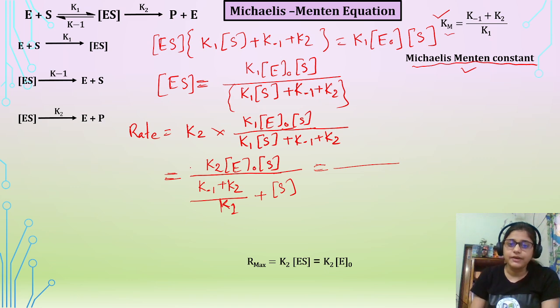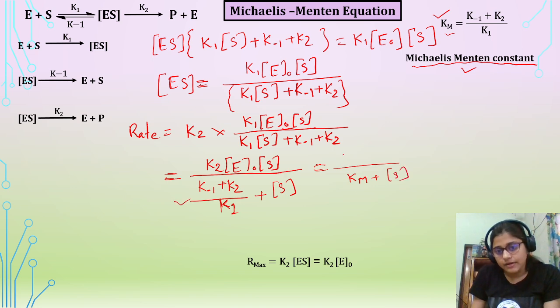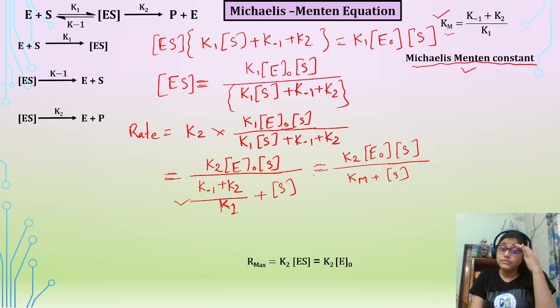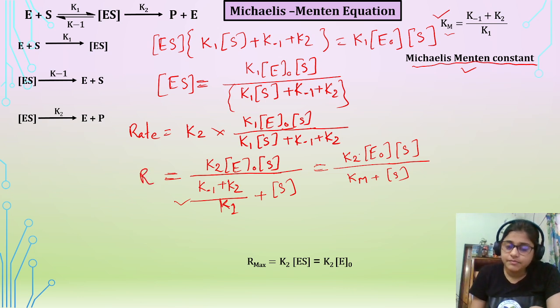That's why we have divided by K1. And now if you see, this is only Km, so now we can put the value of Km here, or we take this value as Km and write the whole equation now, E0 and S. Now this we got, this is the rate R.